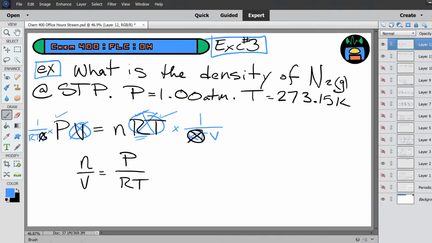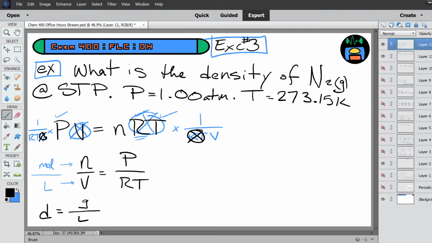Now n is moles and V is liters, so this is equal to moles over liters. Now let me ask you, what is density? Density is grams over a volume, could be liters.